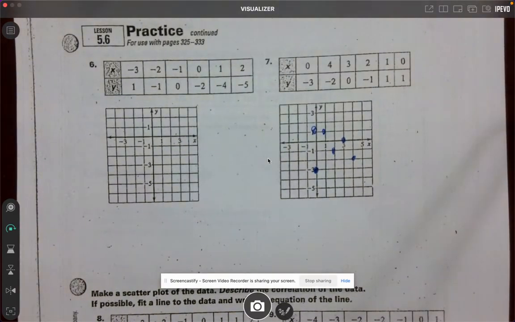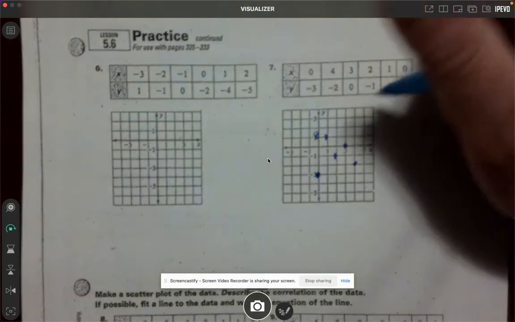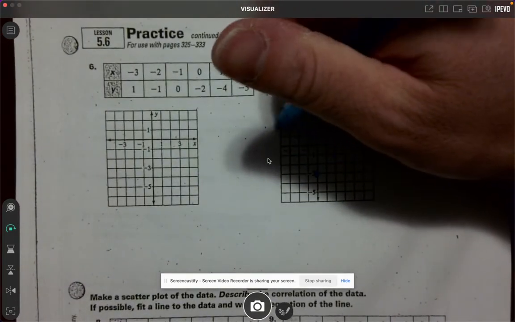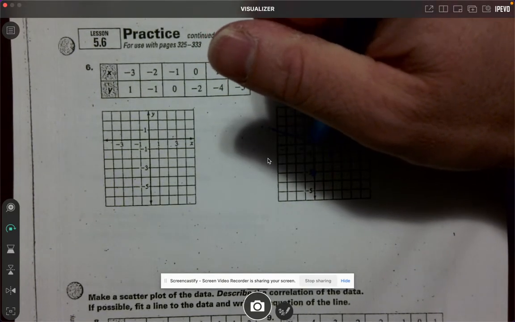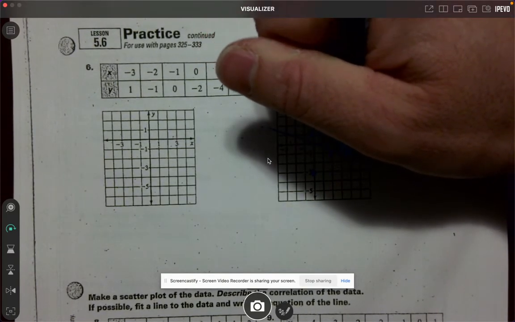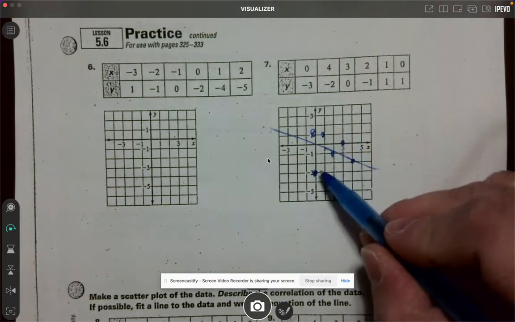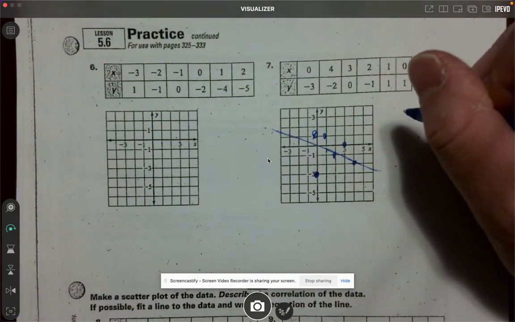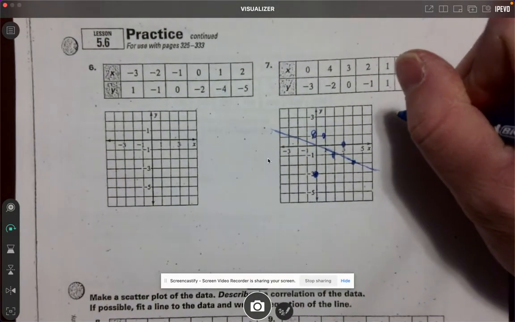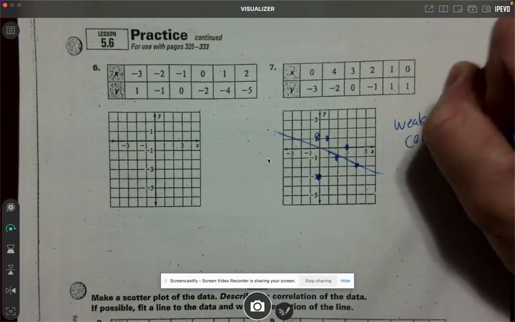Kind of a weird correlation. I don't even know if you would say that's tightly correlated, unless I made some mistakes here. I don't think I did. So I don't know if I put a line through it. I'll try to go through the origin just so it's easy to write, and I'm doing it as I see it. There's a couple points up here. This one's a little further below. So I would say weak correlation.